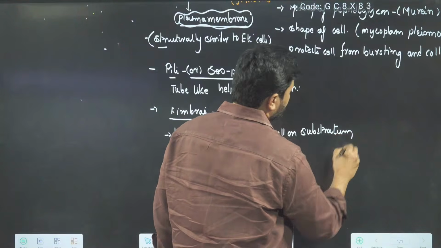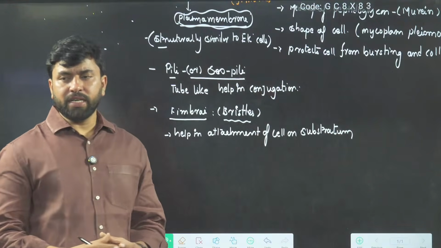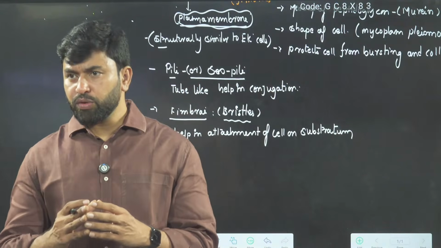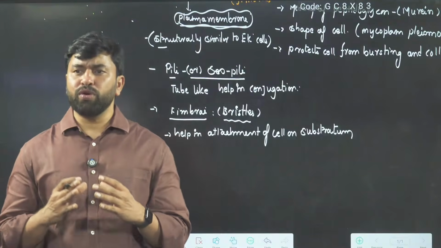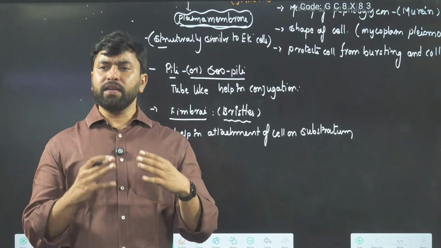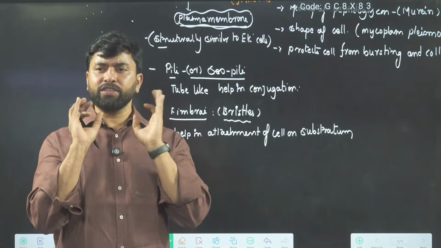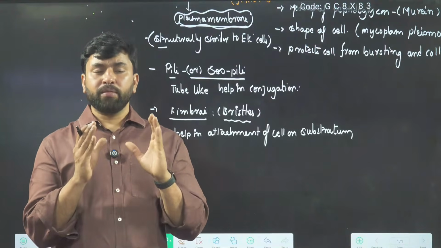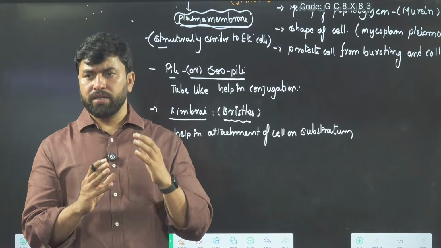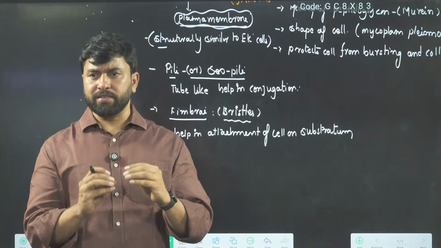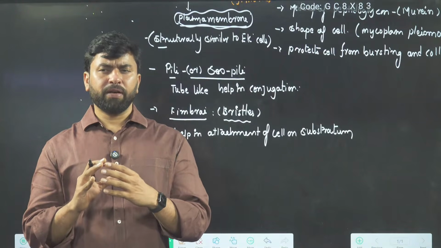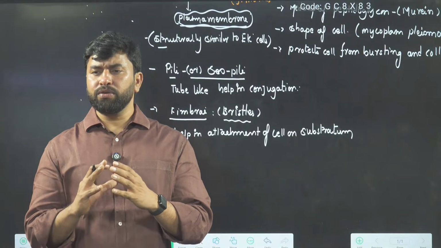Generally, fimbriae will be present on parasitic bacteria. The bacteria has to attach on the surface of the host cell. To make itself cling to the host cell, the bacterial cells develop some special kind of bristle-like structure, that is, fine hair-like structures. These hair-like structures are known as fimbriae. Apart from that, fimbriae also do not have any work.